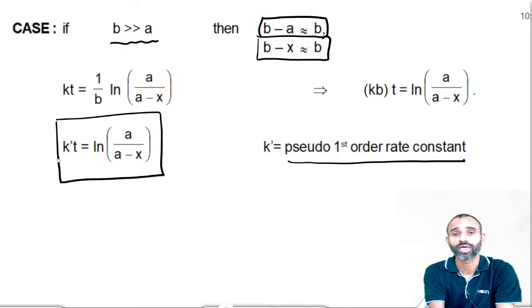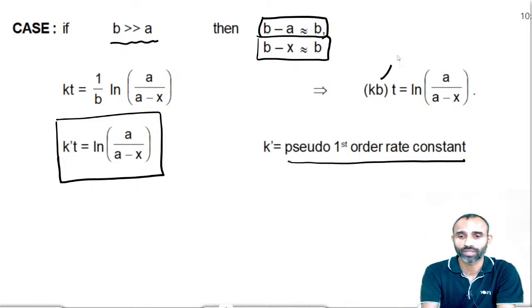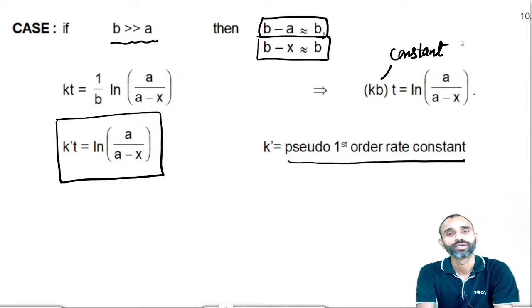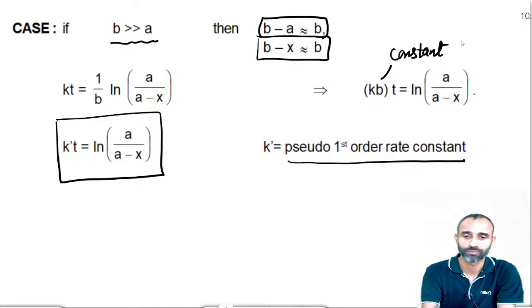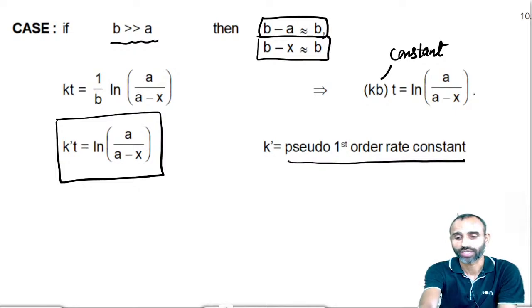Now it becomes first order. B is taken as constant, large. That is called pseudo first order reaction. A reaction which appears to be of higher order but is actually of first order is called a pseudo first order reaction.